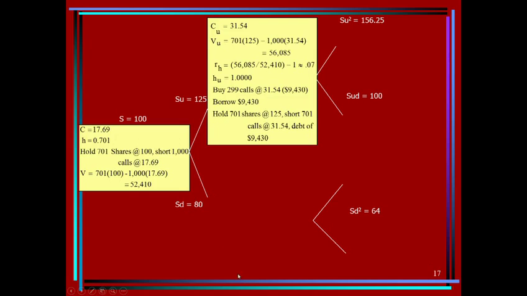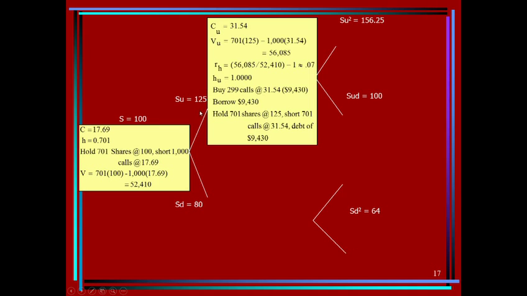Now, the call is, so you short the call at $17 per call. Hedge ratio is 0.7, so therefore you long 701 shares and you short 1,000 calls, giving you a value of 52,000. Okay, and in period 1, the call has gone up to 31.54 in value because the stock price has also gone up to 125.